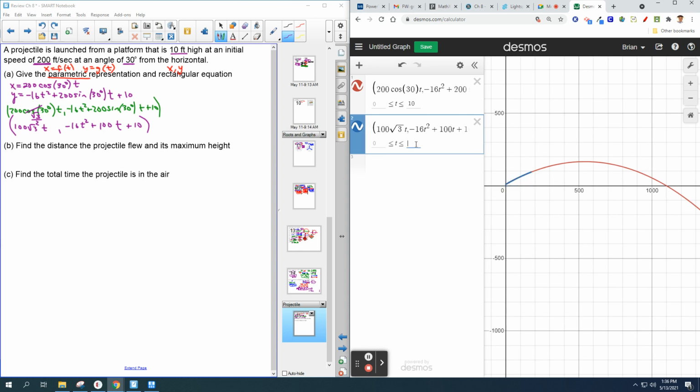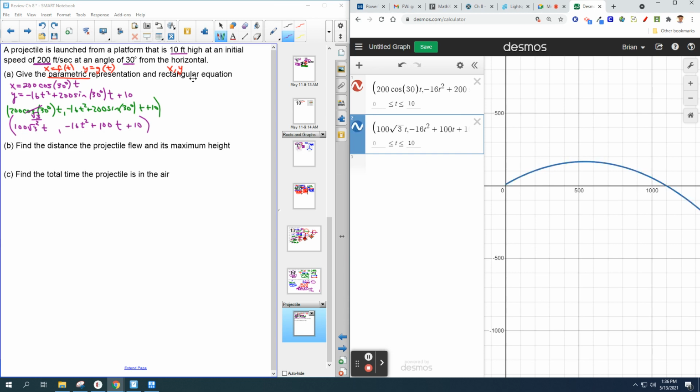Notice it's the same thing. What the blue one does is it kind of takes the trig out of the equation, and you don't really need the trig. But it should be the same thing either way you do it.